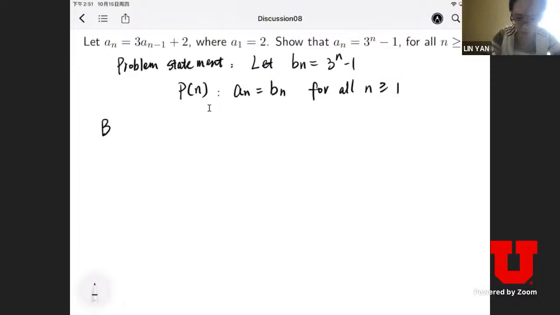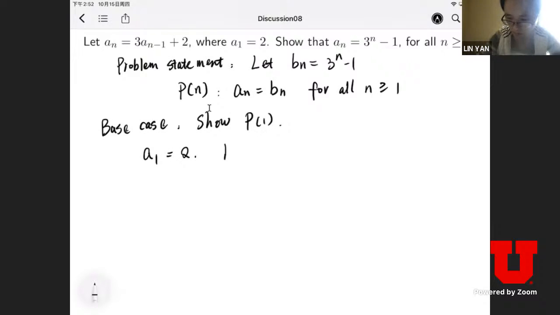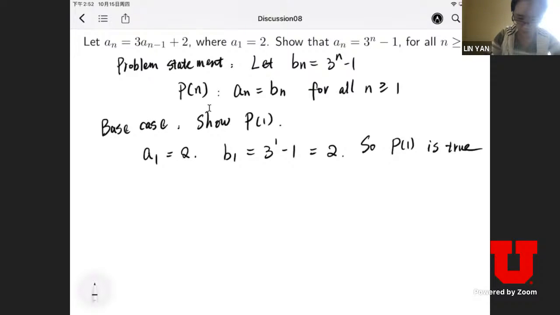Then we need to prove the base case. A1 is equal to 2. This is given in the problem. And B1 is equal to 3 to the power of 1 minus 1, which is equal to 2. So P1 is true. Inductive hypothesis.